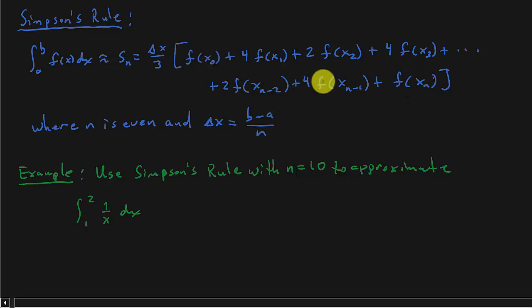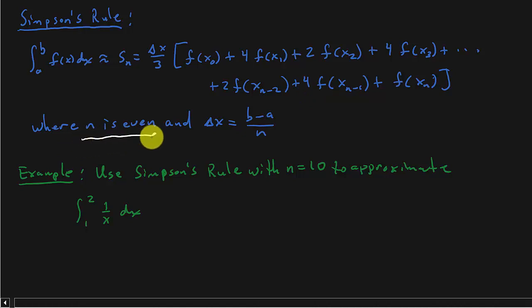Now notice what Simpson's rule does. The first and the last term, we're not multiplying by anything. But after we get past the first term, it's alternating 4, 2, 4, 2, 4. All right? Where n is even.